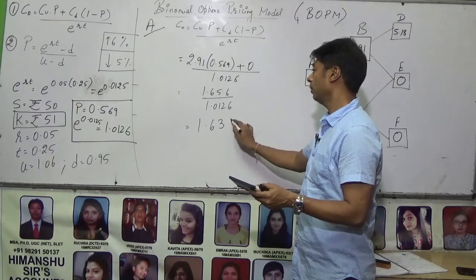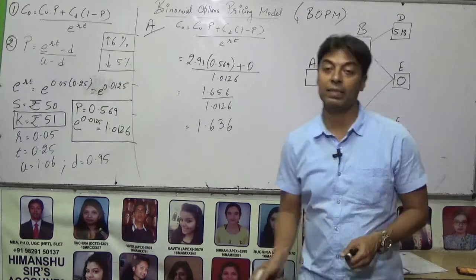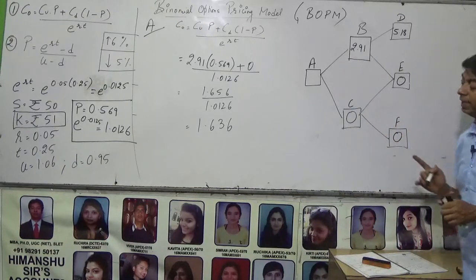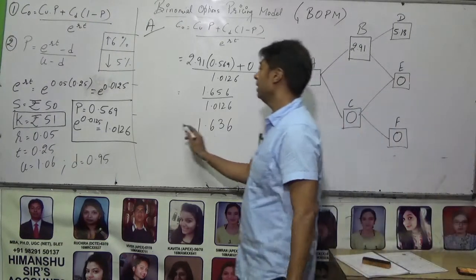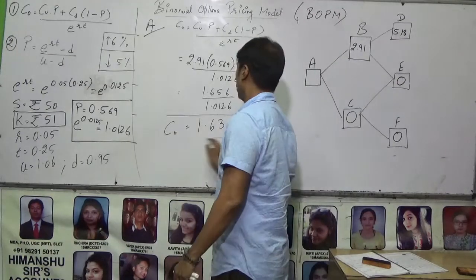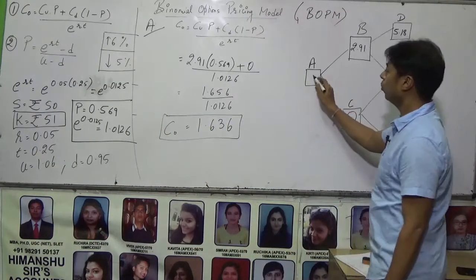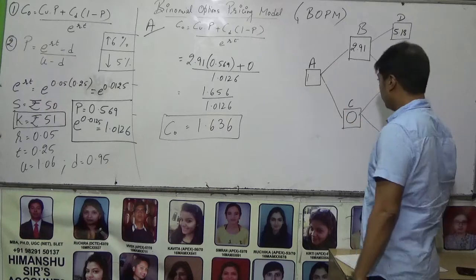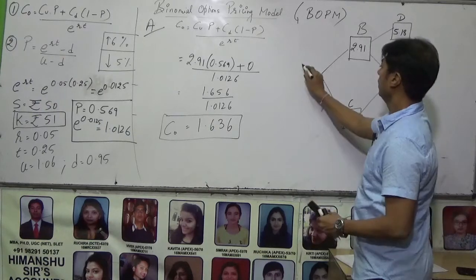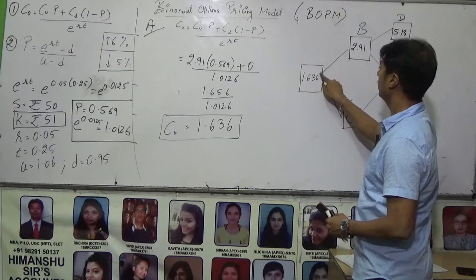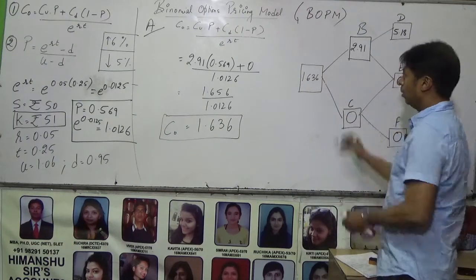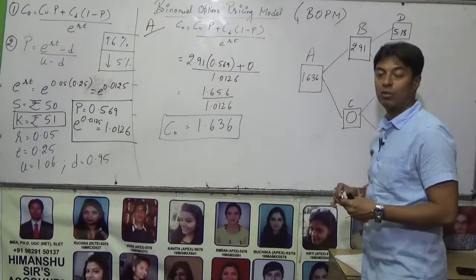So rounding it off, 1.636. Now please take down the value up till here. This is the value of call option at node A. So that is 1.636. Let's make a bigger one. 1.636. So this is the call option value at node A.